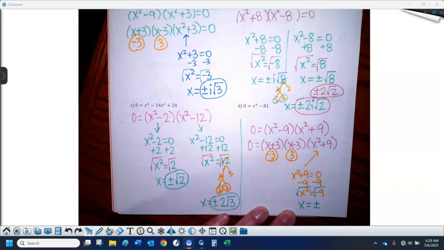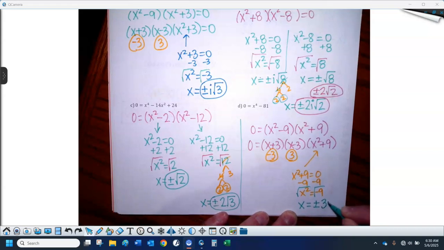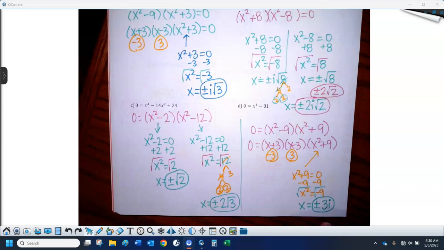And because we introduced the square root, I get 2 answers out of this because I get the positive and negative version. We just use that plus minus as a shorthand way to write it. And then the square root of negative 9 we would write as plus or minus 3i. So you have 1, 2, 3, 4 answers, which we should have here because we had x to the 4th.